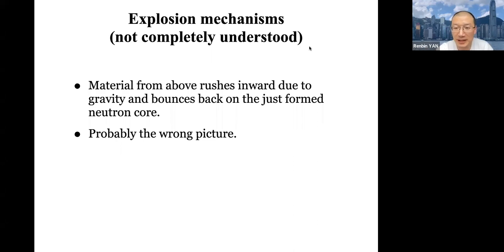Conservation of momentum and energy, yes, because energy and momentum are conserved, most of the energy actually gets carried by the outer layers outwards. But that actually could be the wrong picture.